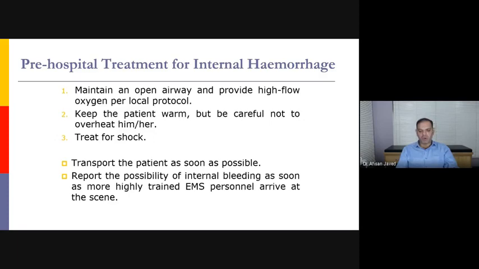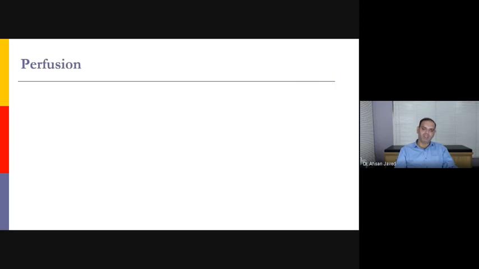You have to report the possibility of internal bleeding to the EMS or emergency medical services, because when they arrive, they have to be prepared for managing a patient who is showing shock-like symptoms.